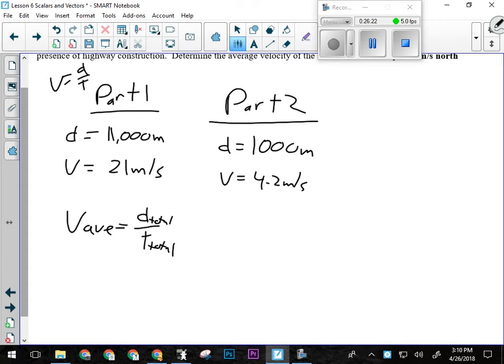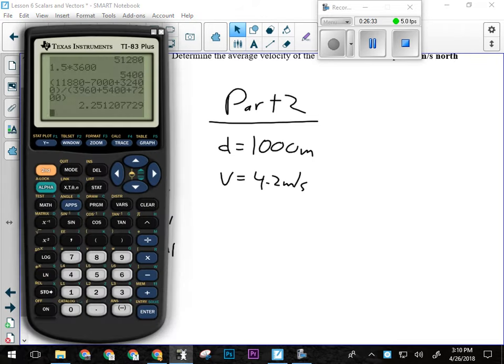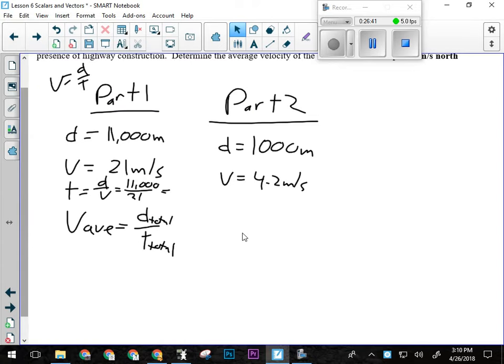So I'm going to bring t over here, bring v back under. All right, so t equals d over v. So 11,000 divided by 21. All right, so 523.8 seconds.